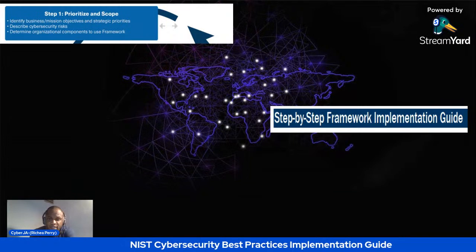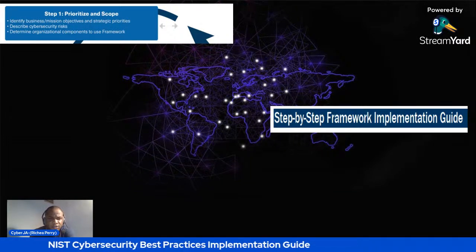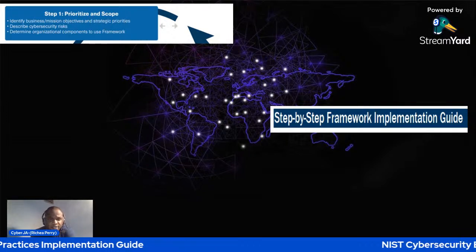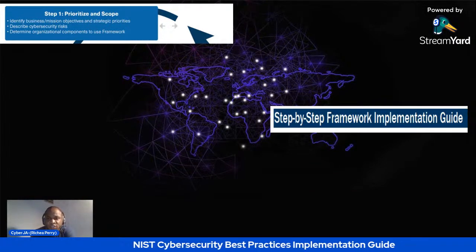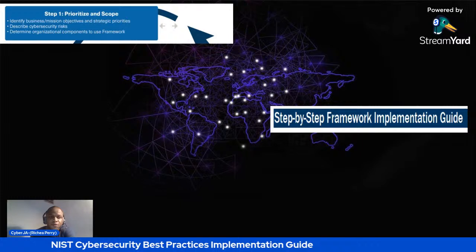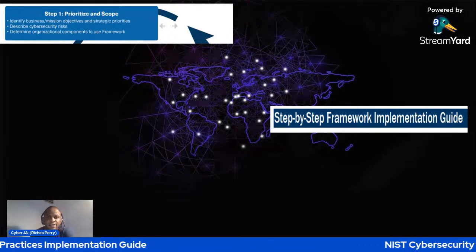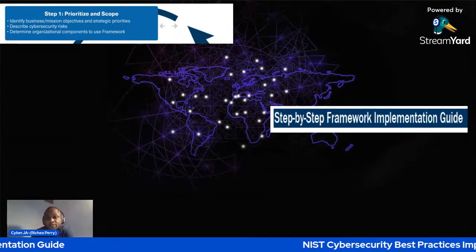And let us also look at that in a little bit of detail. Now, when implementing the framework as it relates to prioritize and scope, an organization first identifies its business or mission objectives and its strategic priorities as they relate to cybersecurity.